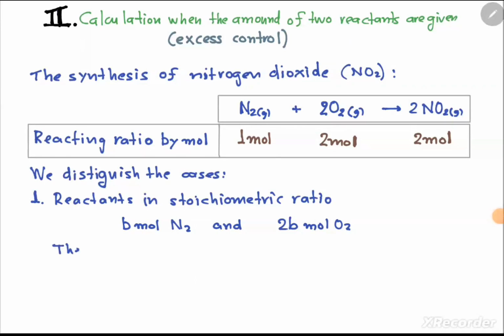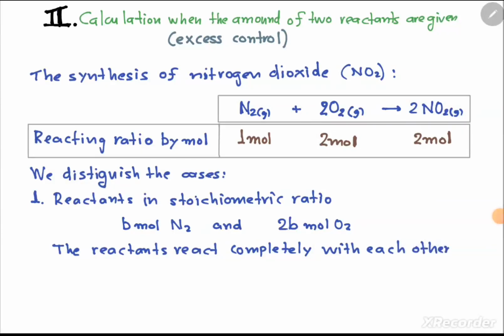In this case, the reactants react completely with each other. Finished products are 2b mol nitrogen dioxide.